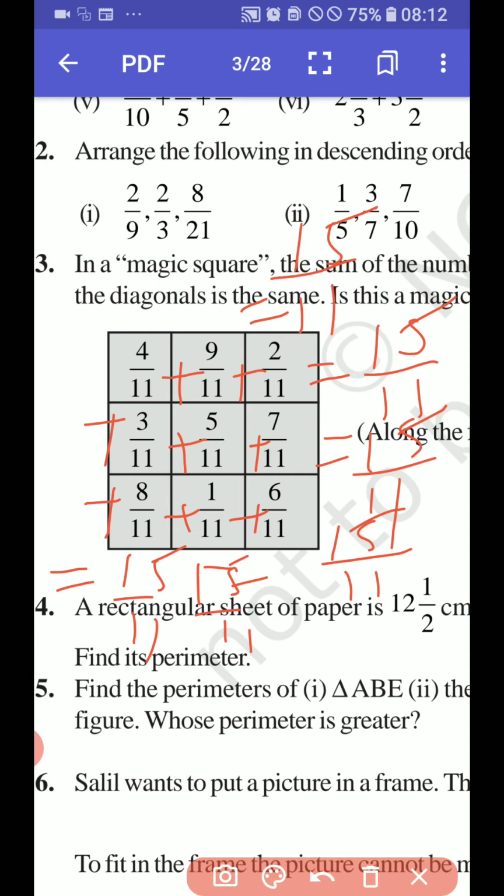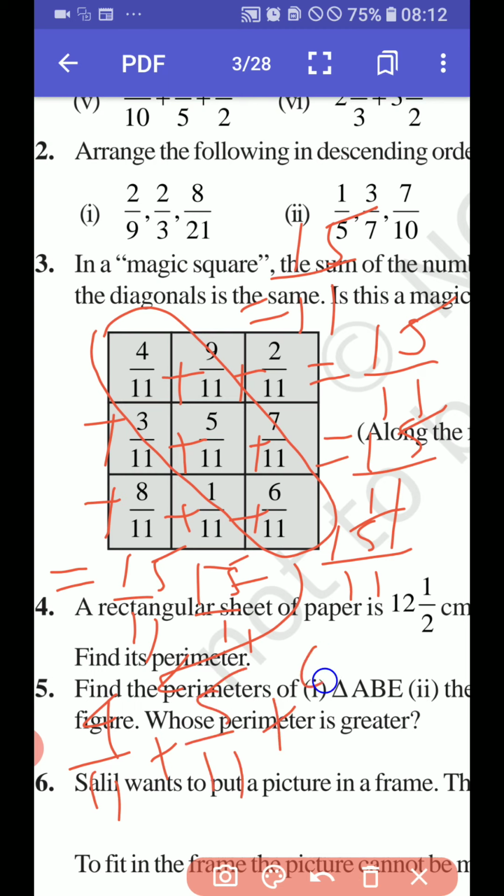If you add diagonally, you will get 4 upon 11 plus 5 upon 11 plus 6 upon 11 equals 15 upon 11, right?